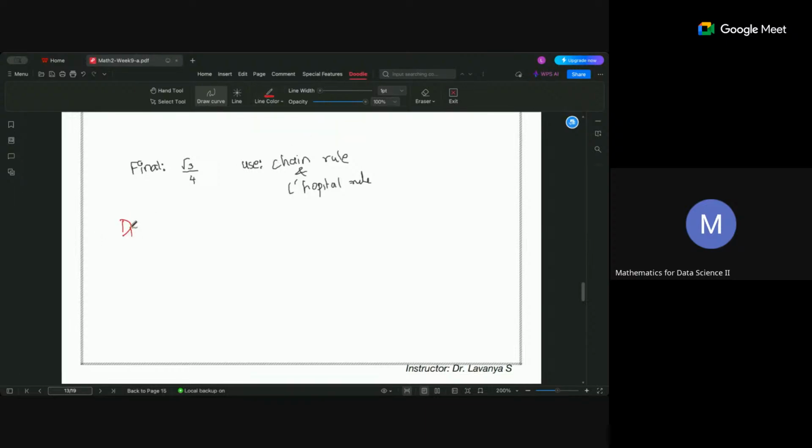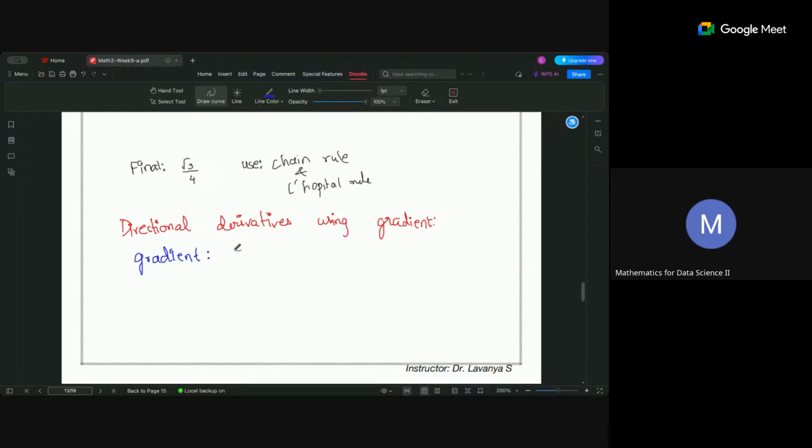So, directional derivatives using gradient. What is gradient? We are going to see now. In 11th and 12th you know gradient as slope, but here, for a multivariable function, what is gradient?